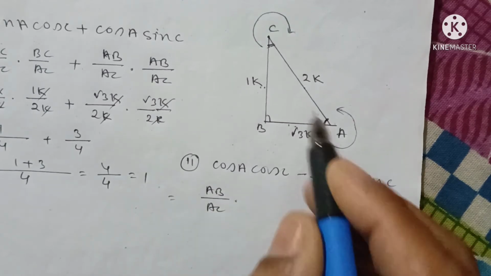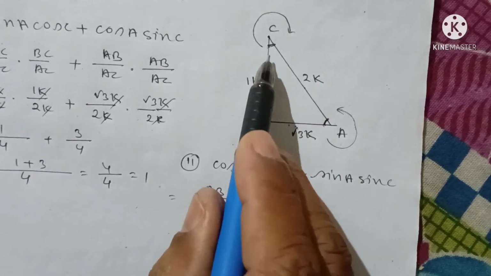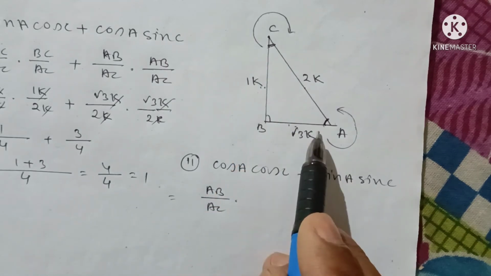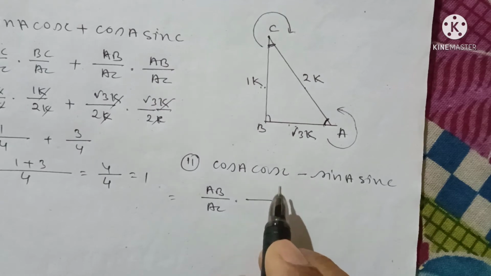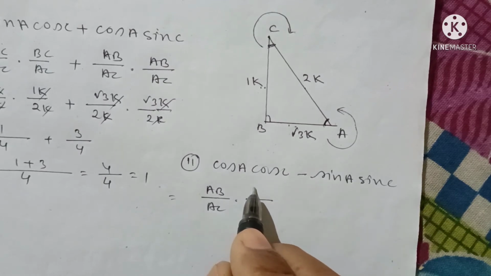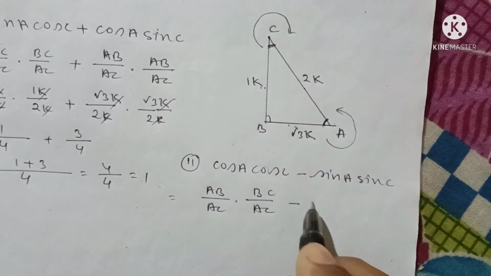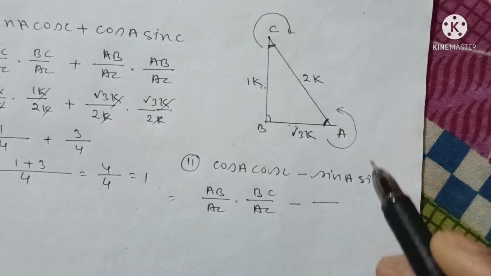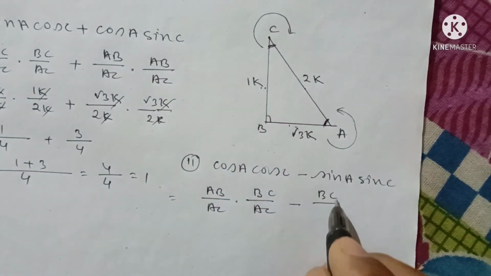Now cos C. This is acute angle C. This is base, this is perpendicular, this is hypotenuse. Then cos C means base by hypotenuse, minus sin A. This is acute angle A. Then sin means perpendicular by hypotenuse, BC by AC.